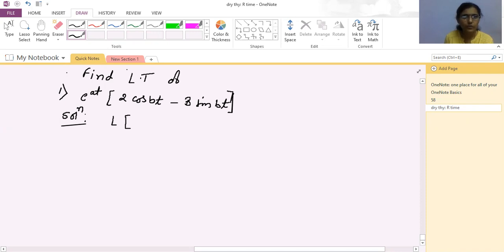So first, we have to find the Laplace of this bracket, that is, the Laplace of 2 cos bt minus 3 sin bt. Now Laplace is linear, it satisfies the linearity property. So we'll write the constant outside and the Laplace of the function.